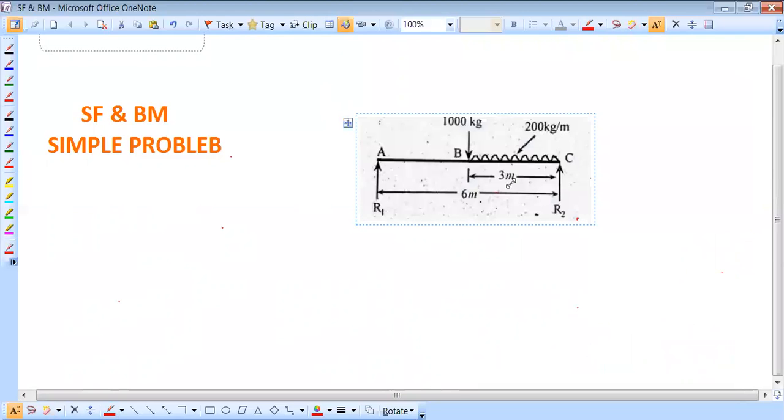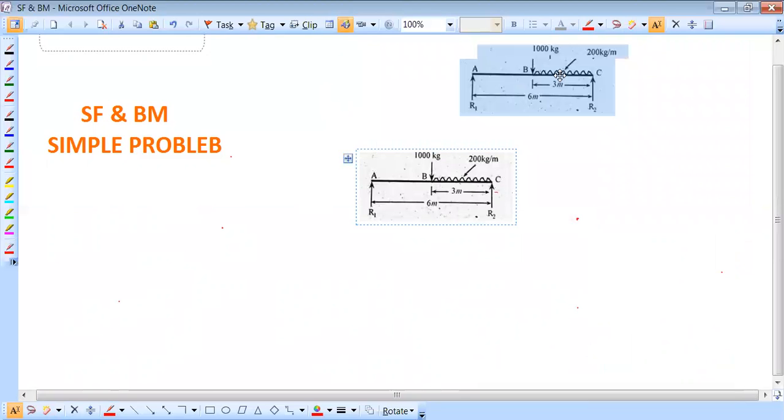If I draw the SFD and BMD, this is the loaded beam.